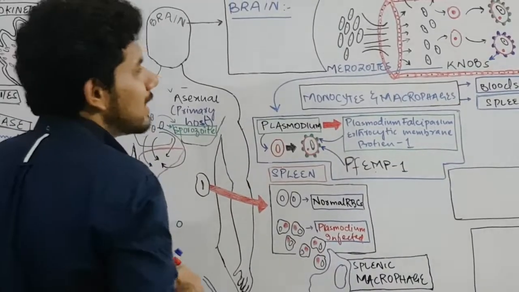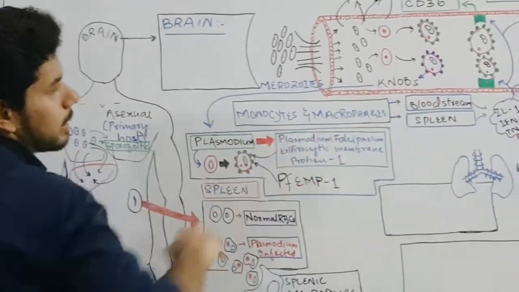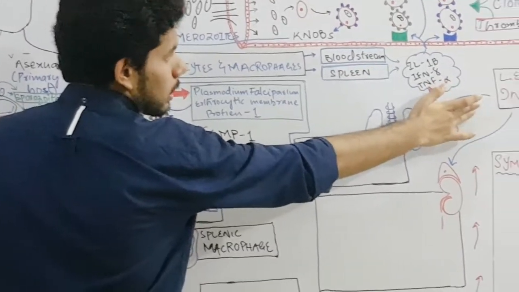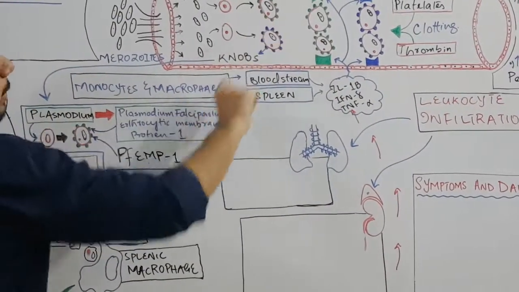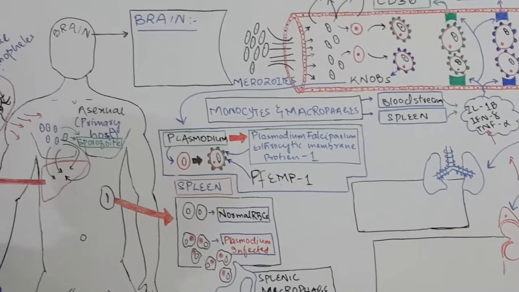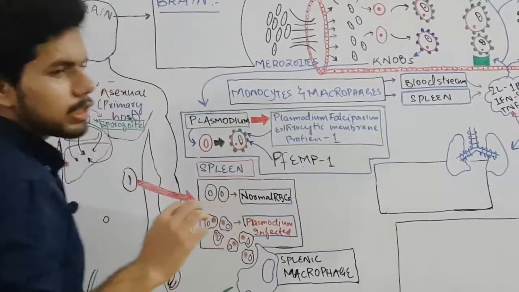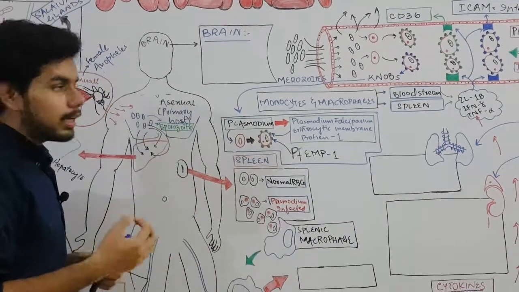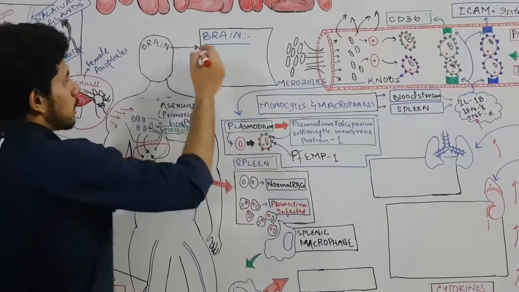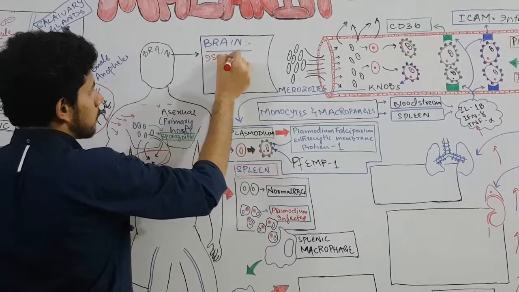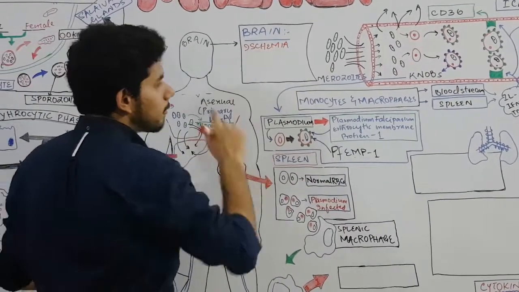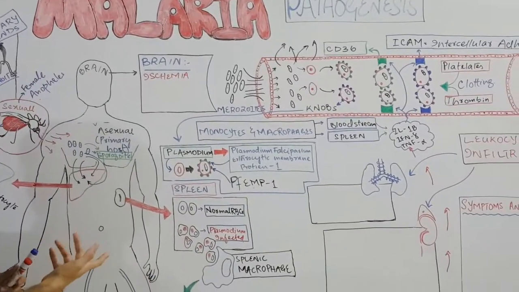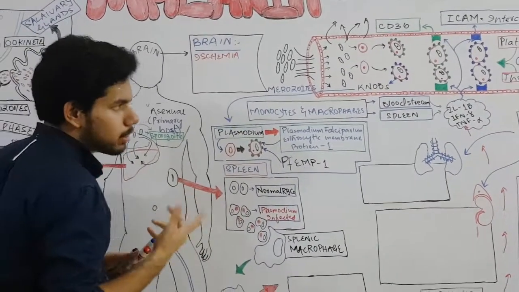So in brain, this rosette formation and increased vascular permeability, due to which leukocytes are infiltrating, cause 3 complications. Number 1, when the rosette is formed, the blood clots in the vessel of brain, so it causes ischemia. After that, the leukocyte infiltration causes many types of discomfort and disabilities in the brain.